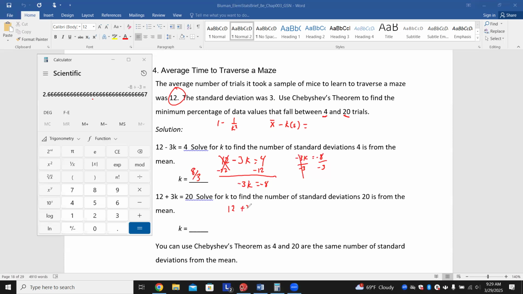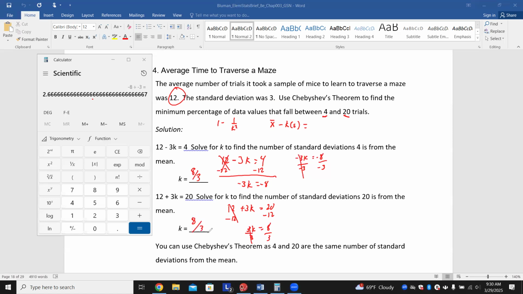Then same process here: you would just do 12 plus 3k, because 20 is on the right side of the mean, and this would equal 20. I subtract 12 and get 3k equals 8. Divide by 3 and I get 8/3.